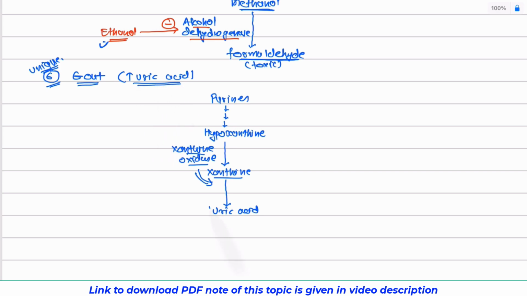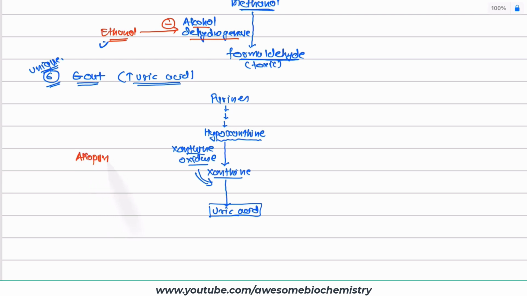So we need to bring down this uric acid level. So for that we have a structural analog of hypoxanthine, and that is allopurinol. Allopurinol, by being a structural analog of hypoxanthine, competitively inhibits this xanthine oxidase, right? And so uric acid production can be brought down.